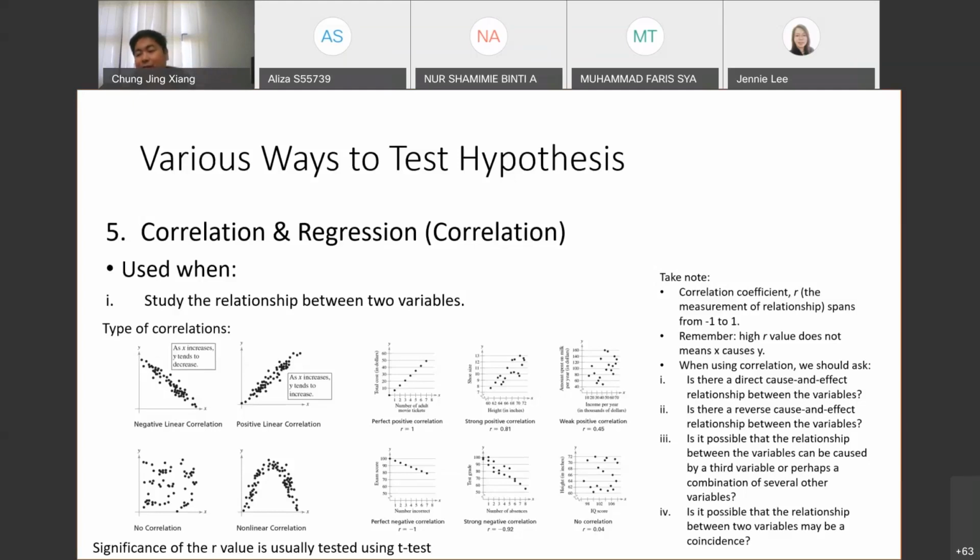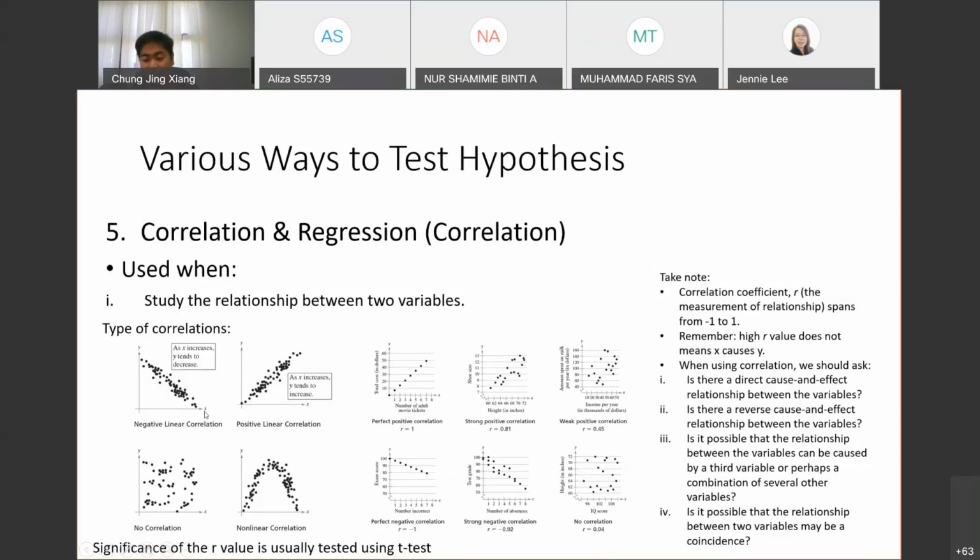So let's look at what correlation actually is. It's a study of the relationship between two variables. You can see from this first figure that there are various types of correlation. There are four. You can see the data spread like this.